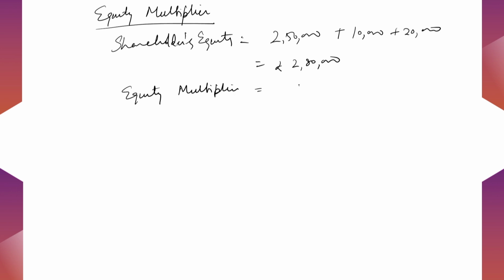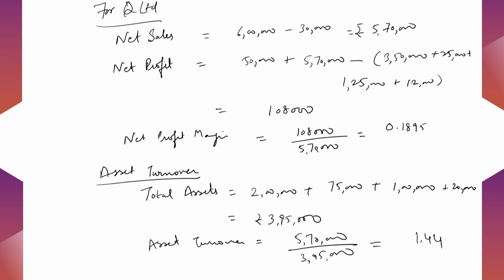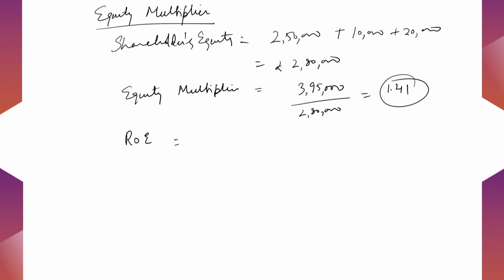Now we calculate the equity multiplier. We just computed the total assets of the company, 3,95,000, to be divided by 2,80,000. It is 1.41. Now compute the ROE for Q Limited by multiplying these elements, 1.44 into 1.41 into 0.1895.